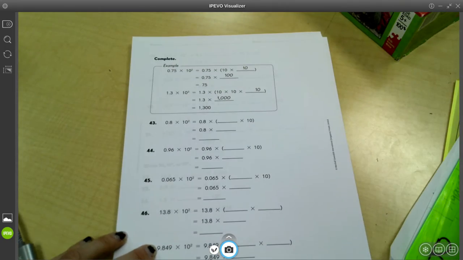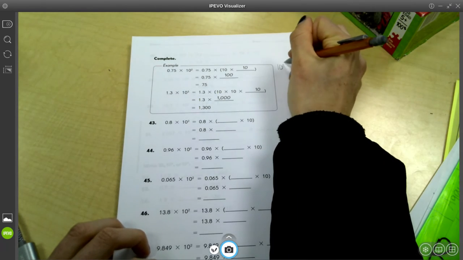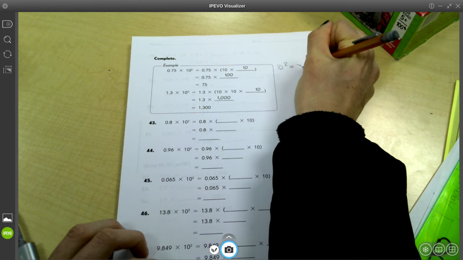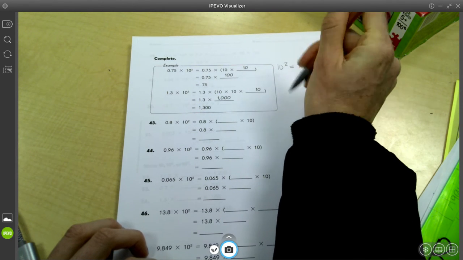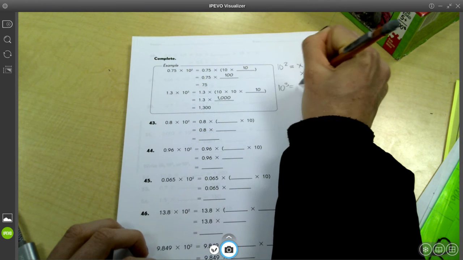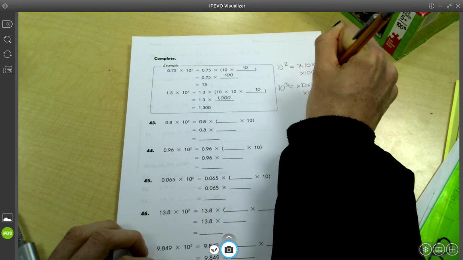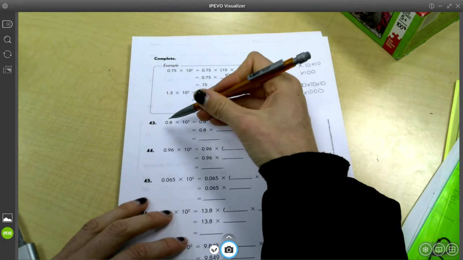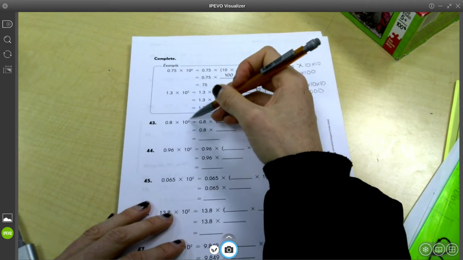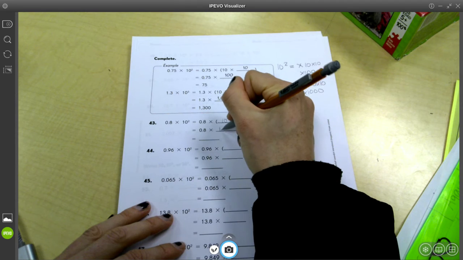All right, now I'm looking at, remember, squared is equal to times 10 times 10, or times 100, and cubed is equal to times 10 times 10 times 10, or times 1,000. Right, that's just a little reminder there. So 8 tenths times 10 squared is 8 times 10 times 10, or 8 times 100.